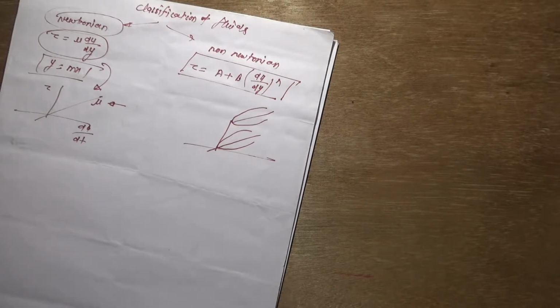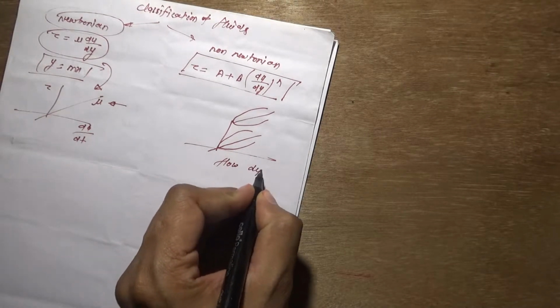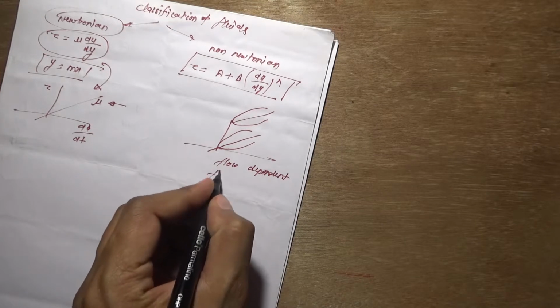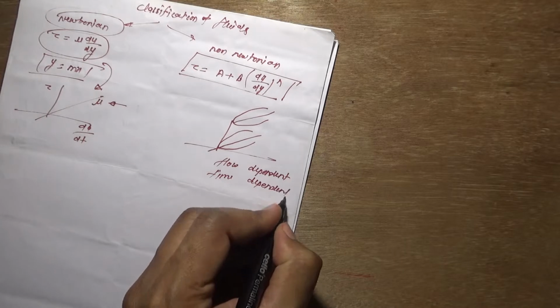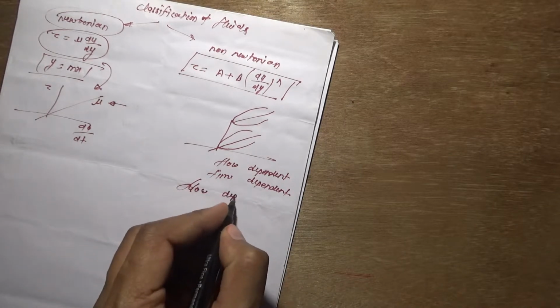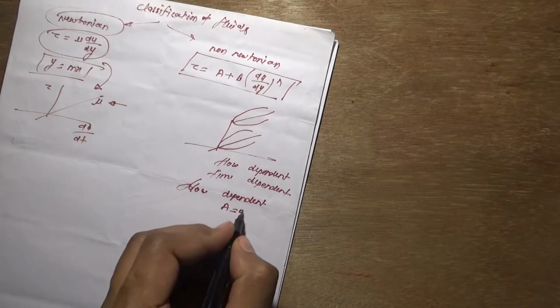We study non-Newtonian fluid in two types. First one is flow dependent, and second one is time dependent. For flow dependent, we take the value of a equal to 0.